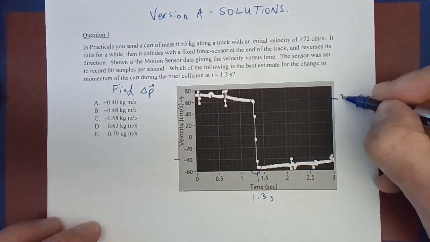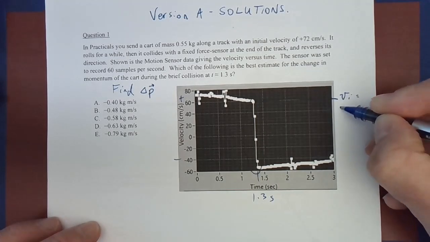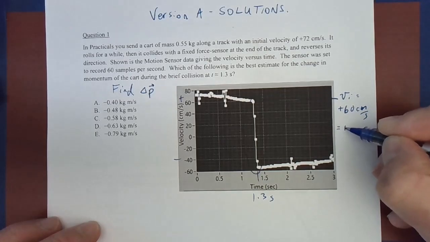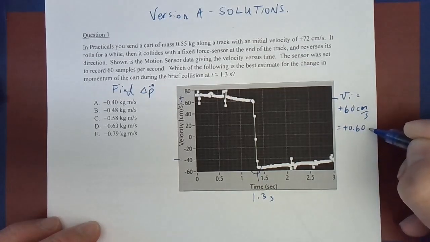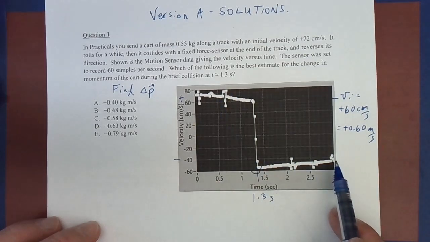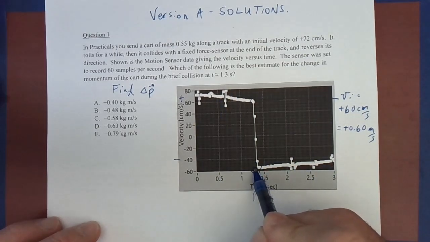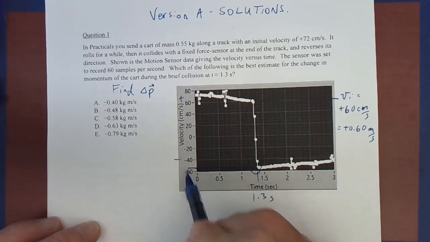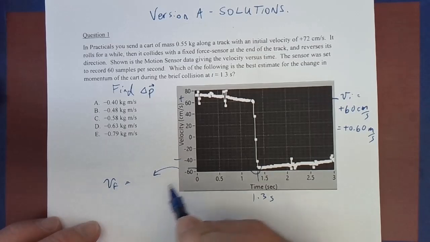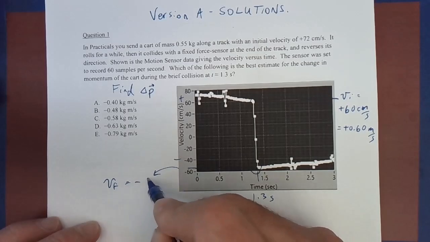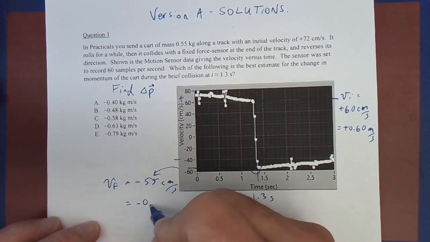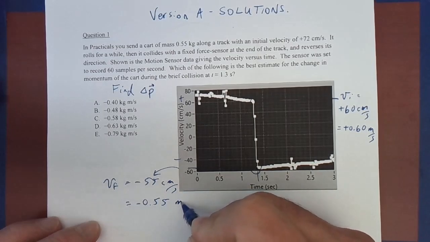V initial is going to be plus 60 centimeters per second, which is equal to plus 0.60 meters per second. And then just after the collision, it seems like V final is maybe negative 55 centimeters per second, so negative 0.55 meters per second.